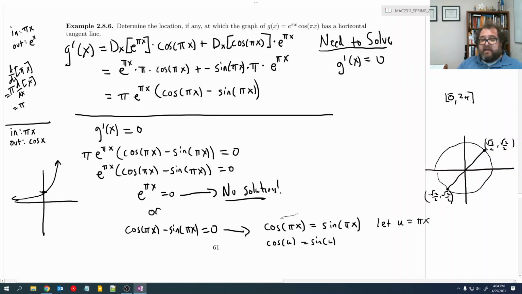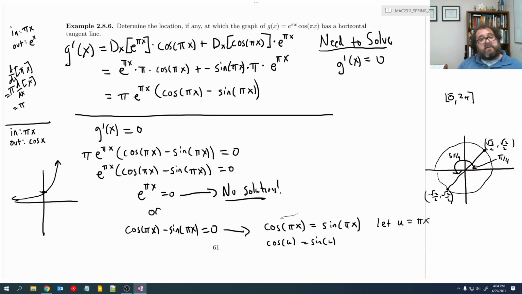Now, this angle is pi over 4. And then we have this angle is what? Okay, pi over 4. Then we have 3 pi over 4. Then we have 5 pi over 4. So if we're only looking for solutions in 0 to 2 pi, then we have those solutions.